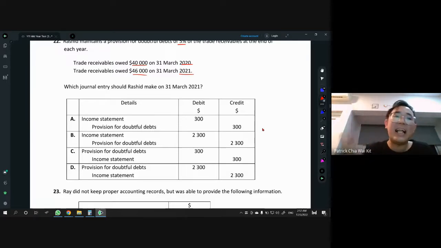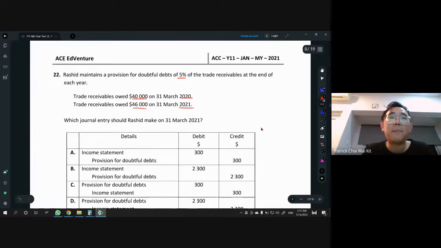From first glance, you should be able to tell already, because the rate is always 5%. So 2020, last year, is 40K. What happened in 2021? It increased to 46,000. If there are more people owing us, it means there are more doubtful debts. So definitely it's an increase in PFDD from 40K to 46K.